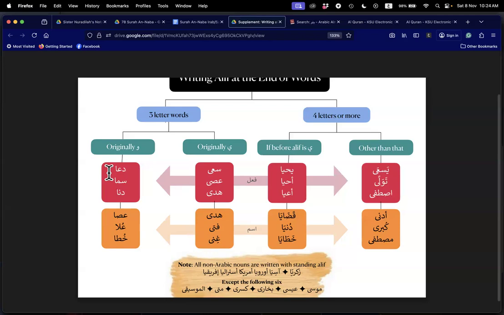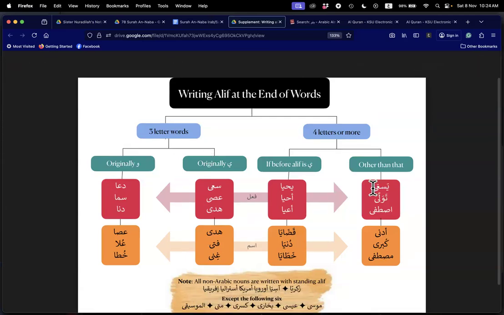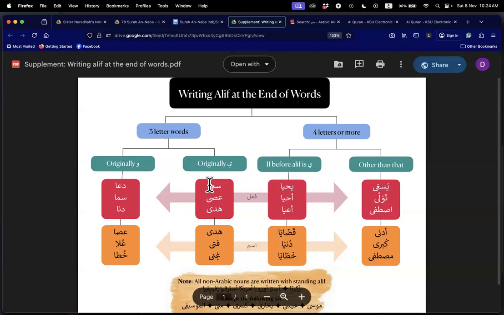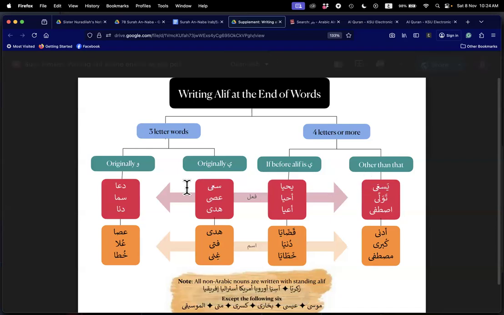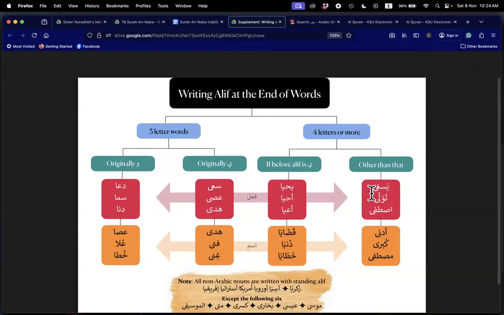If the word has 4 letters or more, then it will always end with alif maksura. So this is the mudari of sa'a. Sa'a, yas'a, family 1, okay? But yas'a is 4 letters, 1, 2, 3, 4, right?